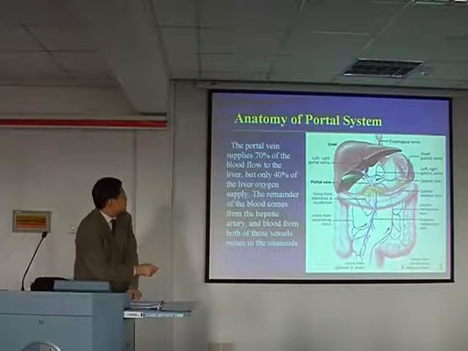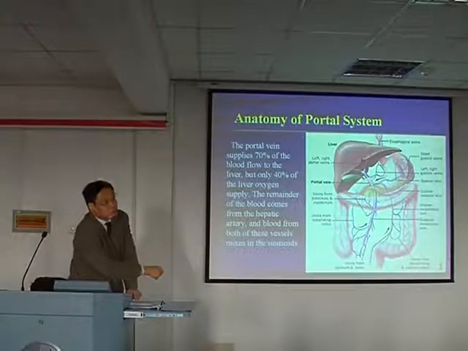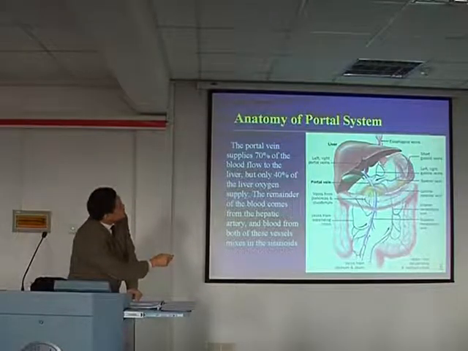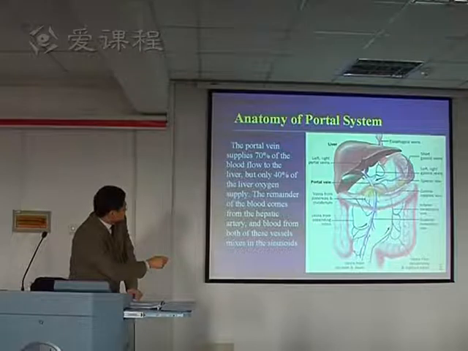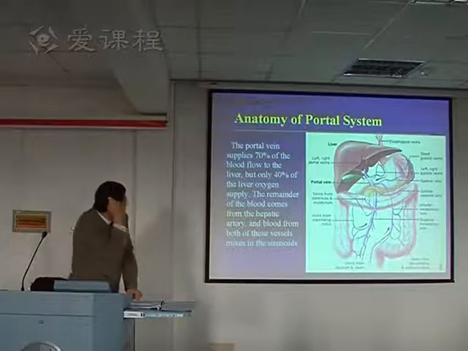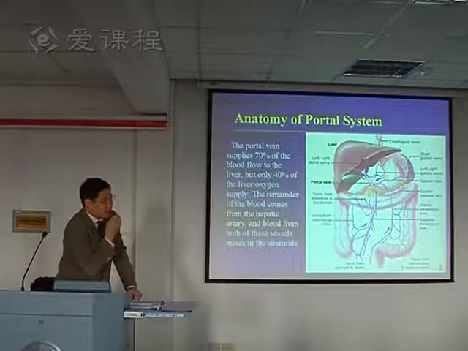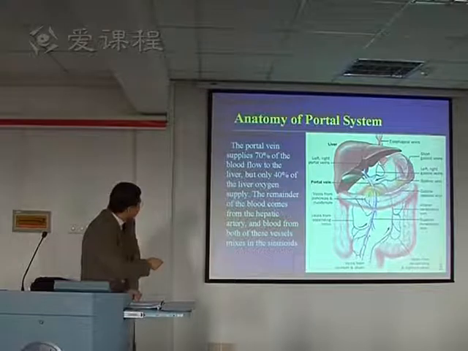So the portal vein system includes four branches: short gastric vein, esophageal vein, and the veins about the next picture. I will show the complications.